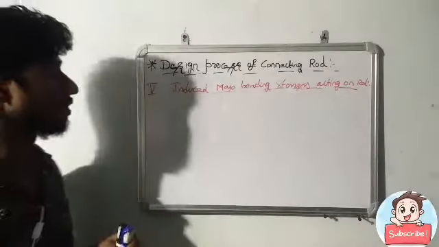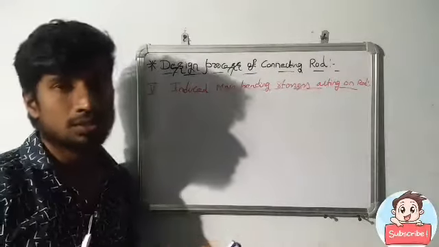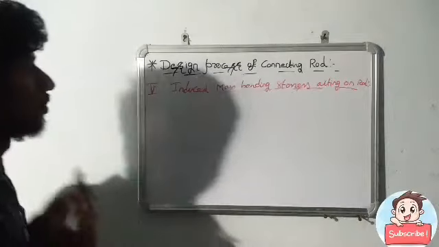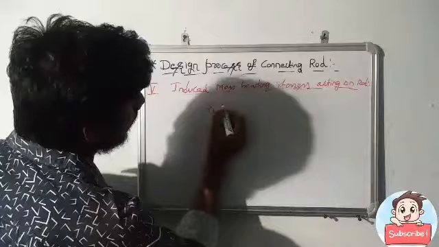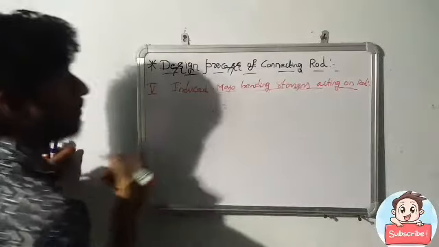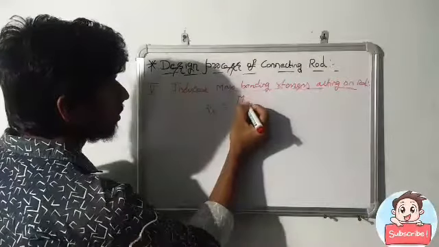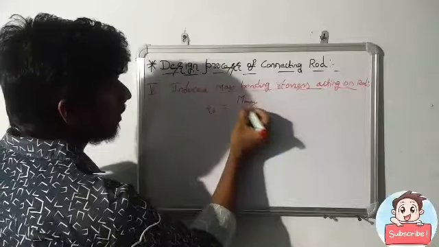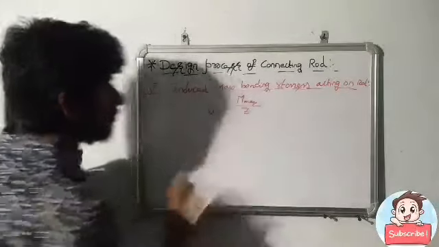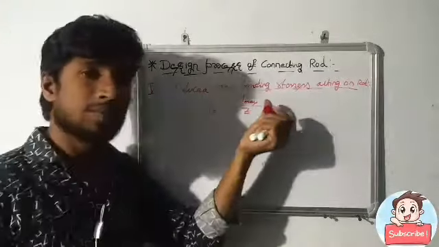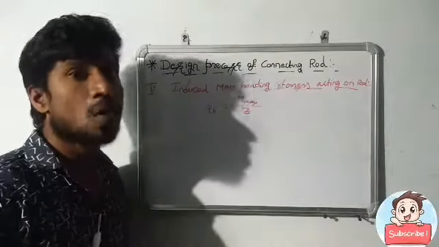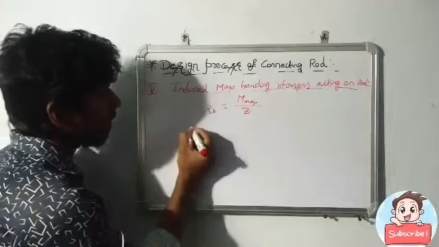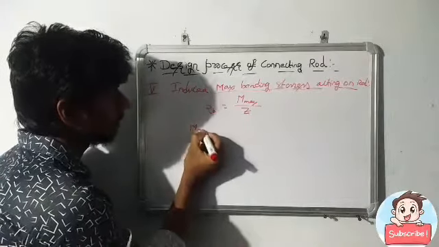So let's see, it is the fifth step, the induced maximum bending stress acting on the connecting rod. It is indicated by SB. SB is equal to M maximum by Z. Here M maximum is the maximum bending moment and Z is the section modulus.